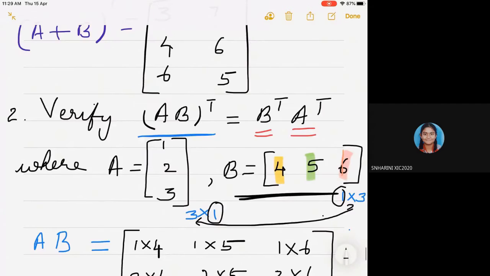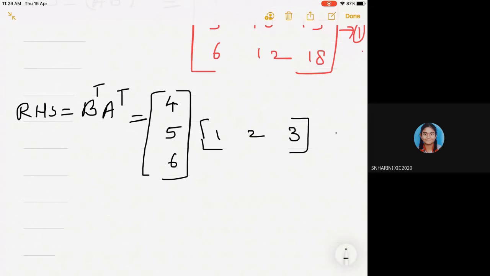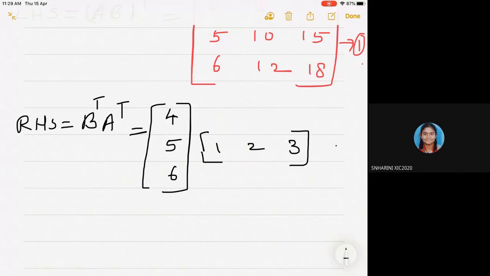A was a column matrix 1, 2, 3. A transpose will become the row matrix, that is 1, 2, 3. Multiply this first. All of you have to multiply.